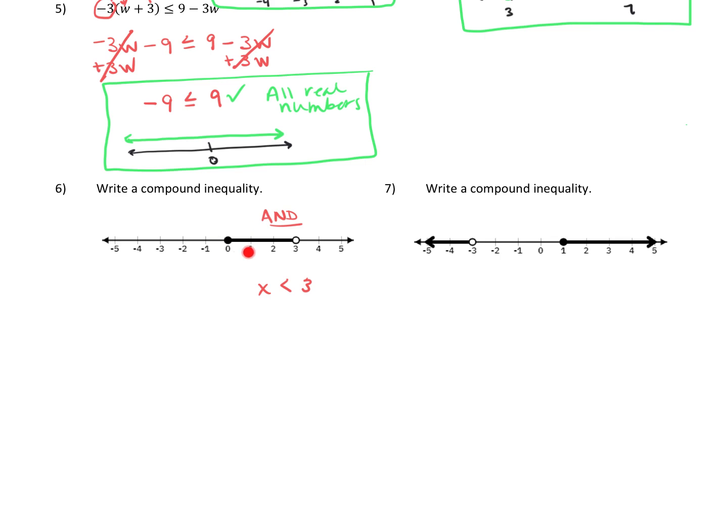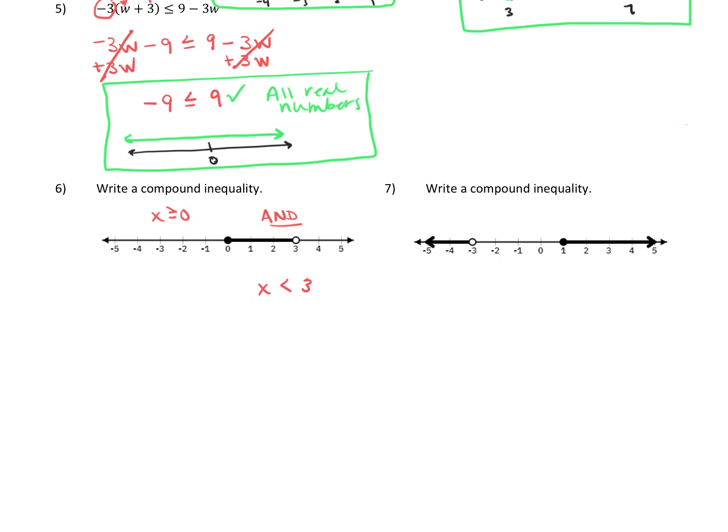Now if we talk about this side over here, we have a closed circle at 0 and all the shading is going to the right, to the greater than. So if I were to write that out, I'm saying that all the x's are greater than or equal to 0, or equal to because of the closed circle, it's filled in. But I want to put this over here.